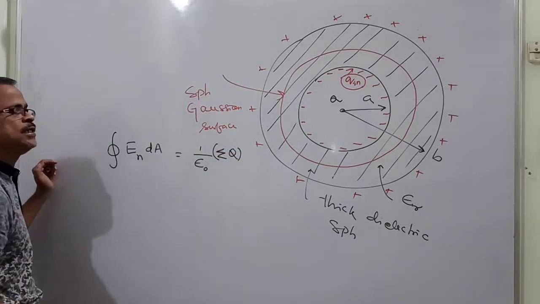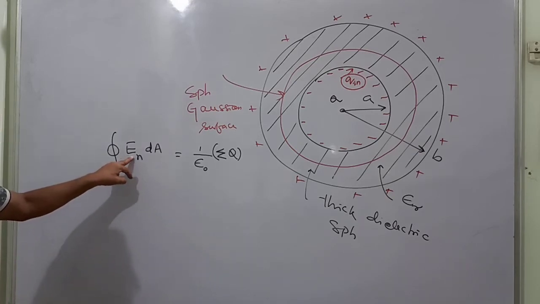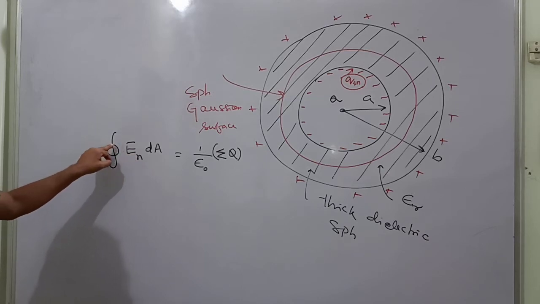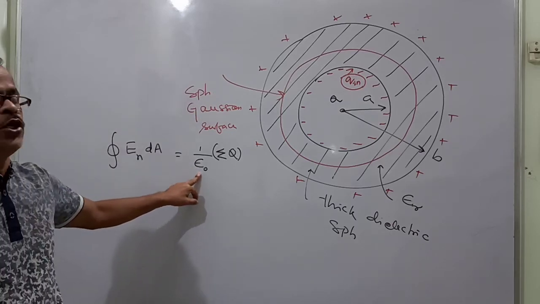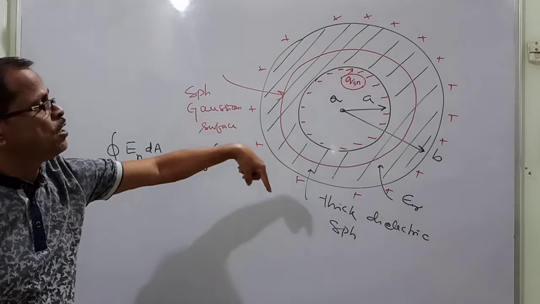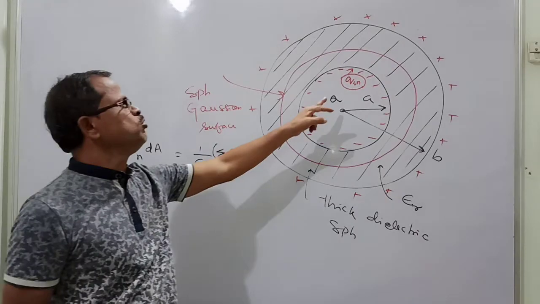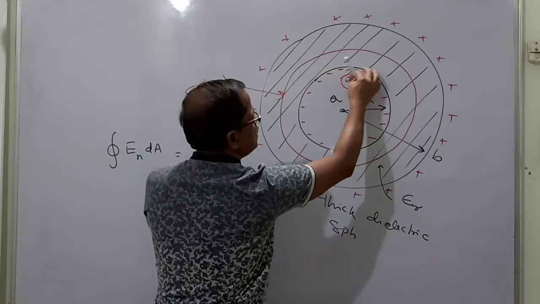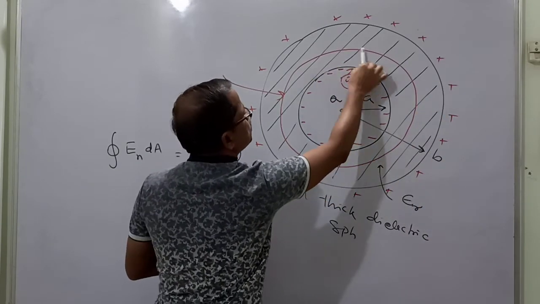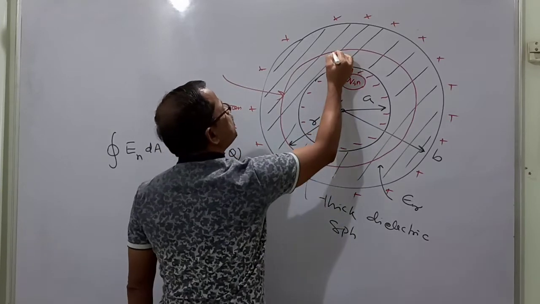Again, the surface integral of the normal component of the electric field over a closed surface is equal to 1 by epsilon 0 times the total charge inside the Gaussian surface. Applying this law, you can find out how much charge will be induced here. Now come to the problem. Since this is a symmetric system and the sphere is equidistant from the center, let the radius be r. The electric field here will be how much?